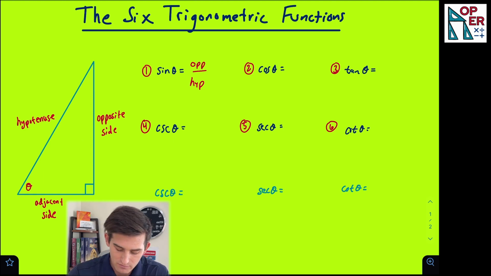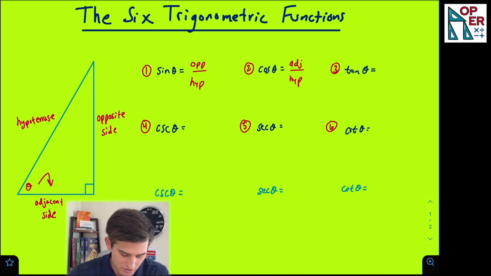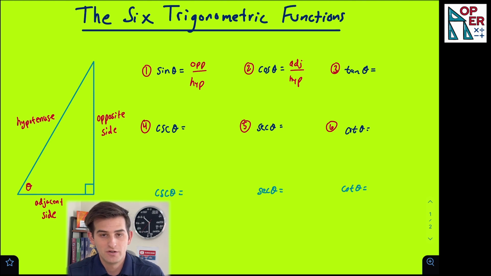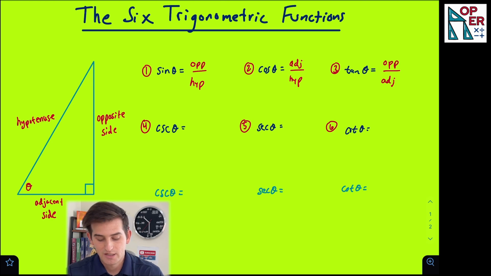Now for cosine, we're going to do the adjacent side over the hypotenuse. So now we see our abbreviation ADJ, and that stands for adjacent. So adjacent would be this measure over the hypotenuse. Okay, so now there's only one other ratio to go with, right? Well, we have now our tangent, and this is now going to be opposite over adjacent. So we have sine, we have cosine, we have tangent.